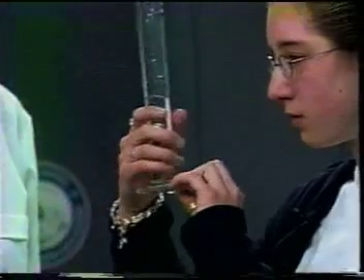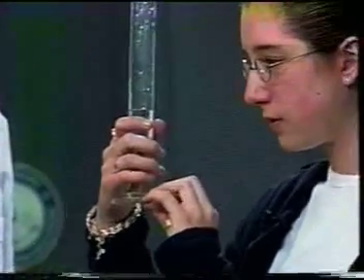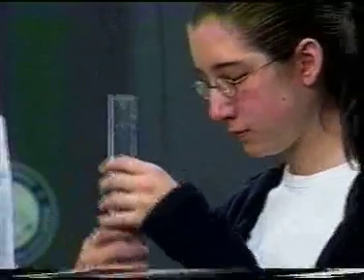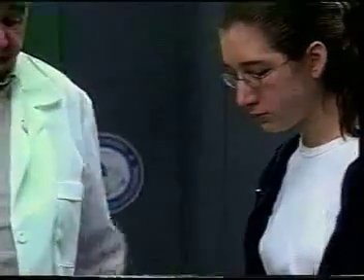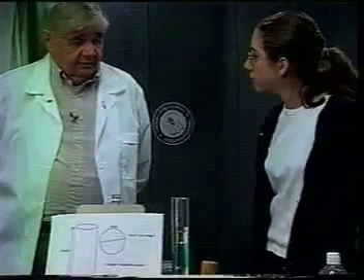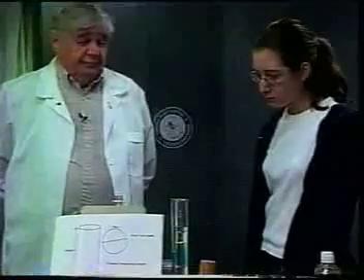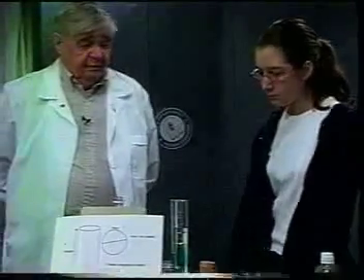And I lost some water too, right? 54. So it went from 49 to 54. So what's the volume of the bolt? 5. Right, 49 to 54, so the volume is 5 milliliters, or 5 cubic centimeters.